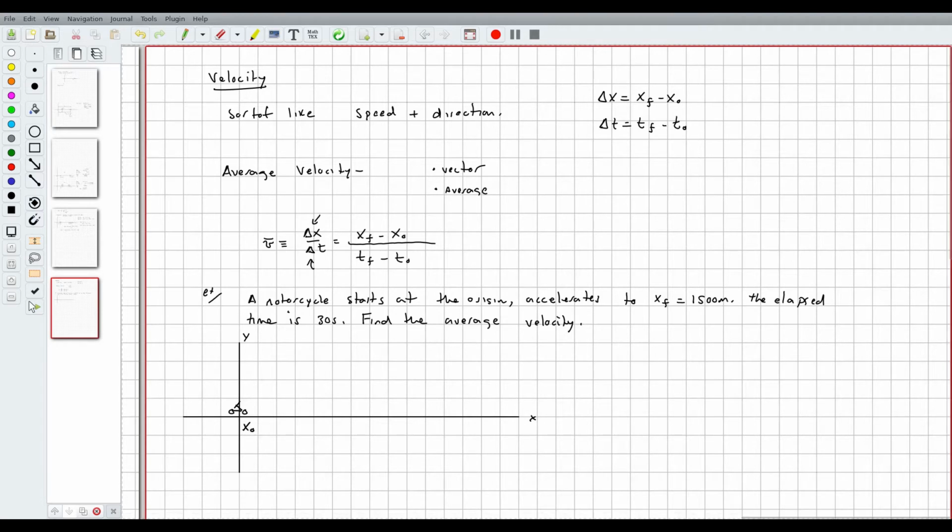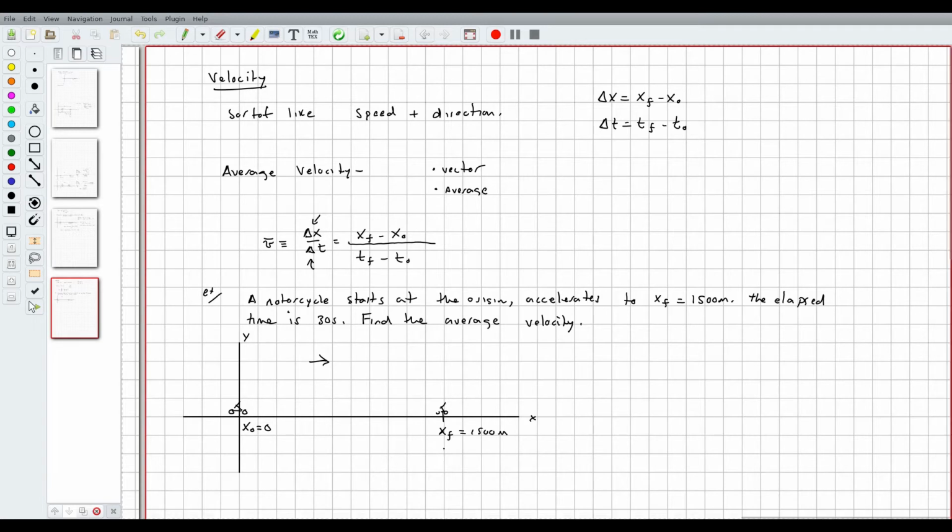Its initial position, according to the problem, is at the origin. It's going to go this way, we'll say. So this is going to be the direction that it travels, ending up somewhere down here in a final position, at least when we see it, of 1,500 meters. So it's going to up here.